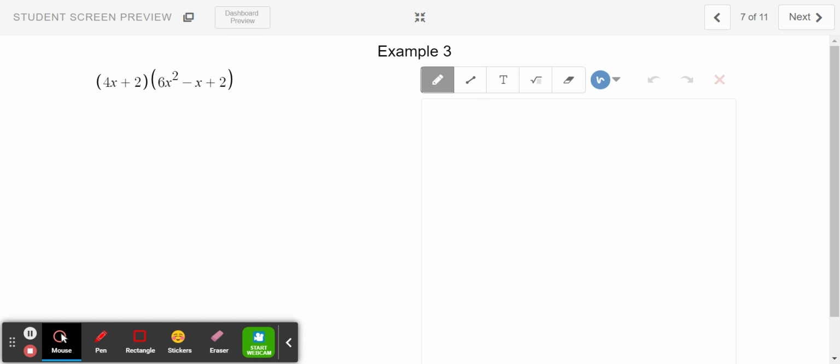If these two things had been switched around, that would be fine. It's multiplication. It's the same no matter which one comes first. Like 2 times 3 is the same as 3 times 2. 4x plus 2, if it goes in the front or behind the longer polynomial, you still get the same answer.